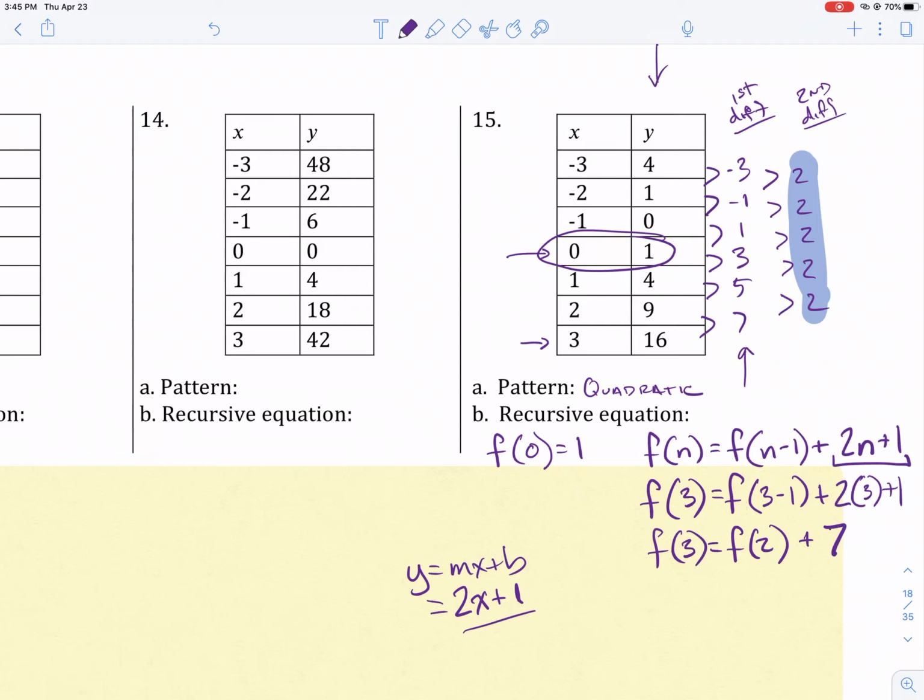And what is the previous one? The previous one here is 9, and I'm looking right here, right? f of 2 is 9, plus 7, so f of 3 is equal to 16. And that's what we have right here. So it does check out.